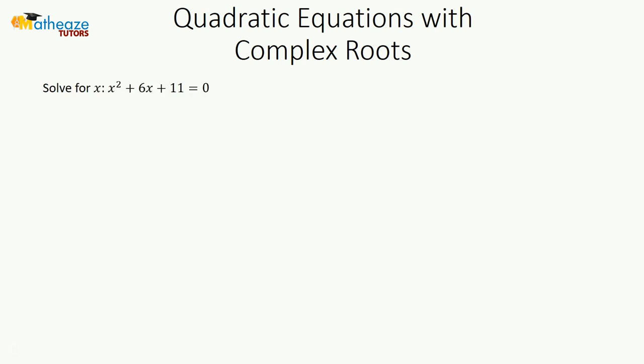Let's put that to practice. The first step we're going to do is compare with ax squared plus bx plus c equal to 0, and we have a equal to 1, b equal to 6, and c equal to 11.